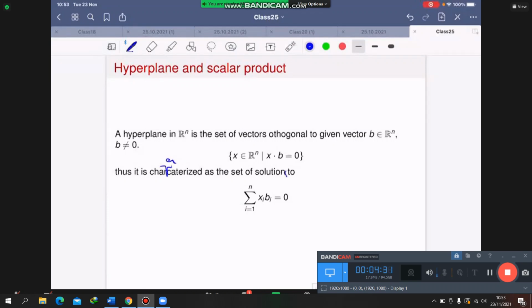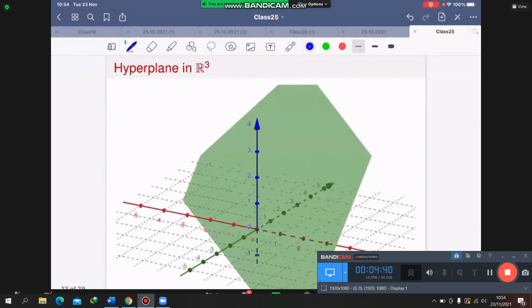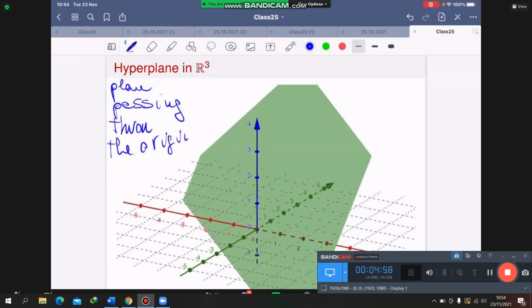And if we are in R3, a hyperplane is a plane passing through the origin.